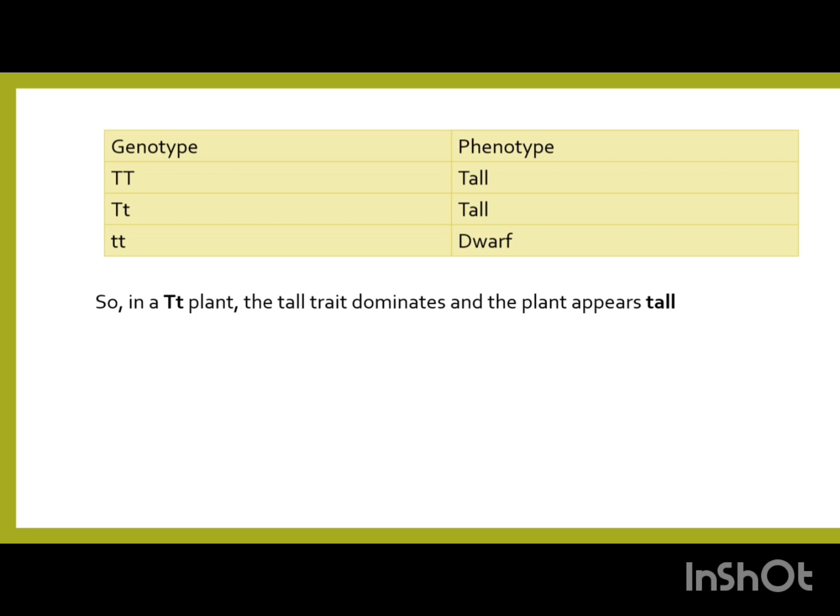Small t and small t represents dwarf, so the phenotype will be dwarf. But the case is when there is capital T with small t. Capital T will mask the expression of small t, so the plant will become tall. This is the law of dominance.